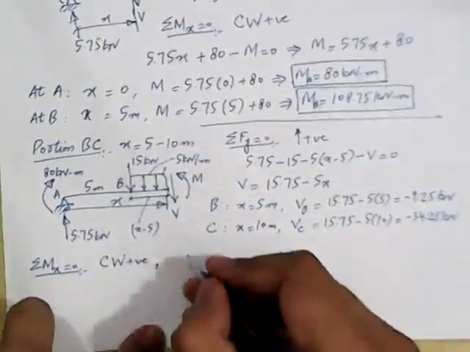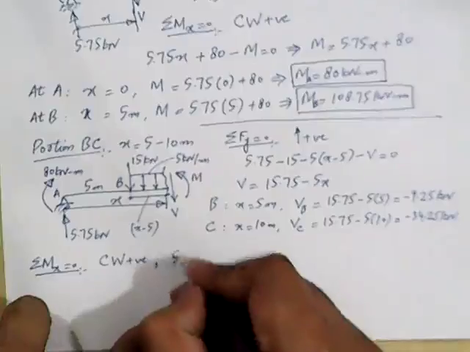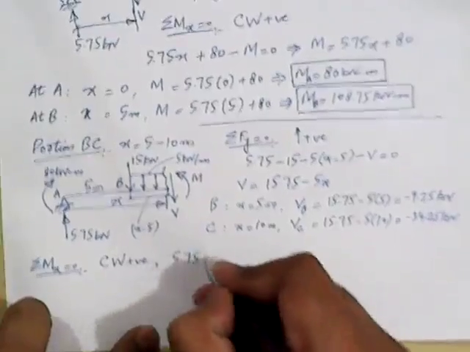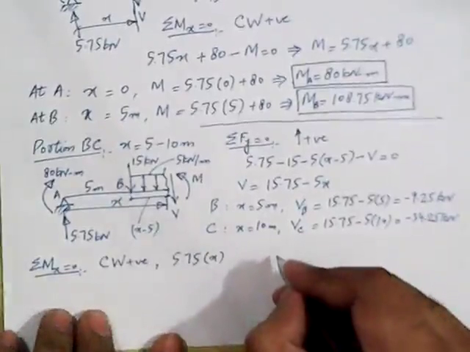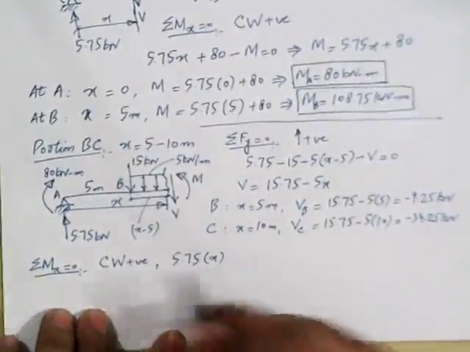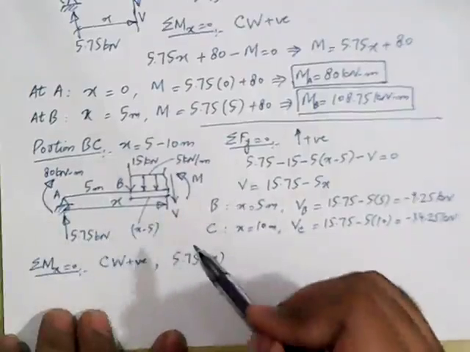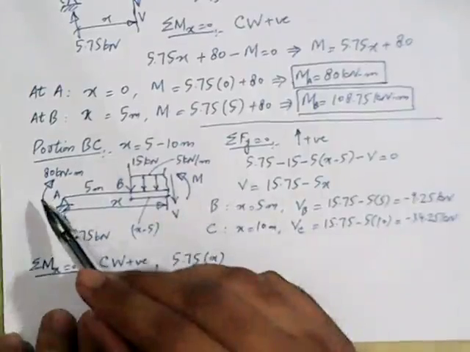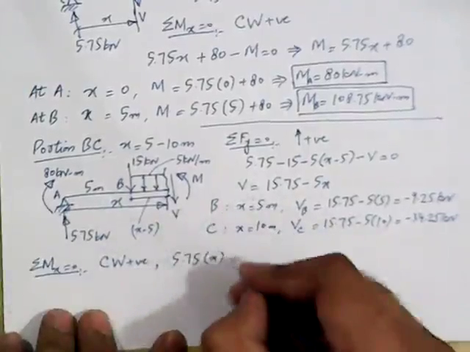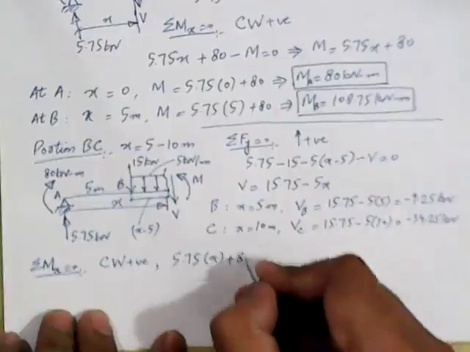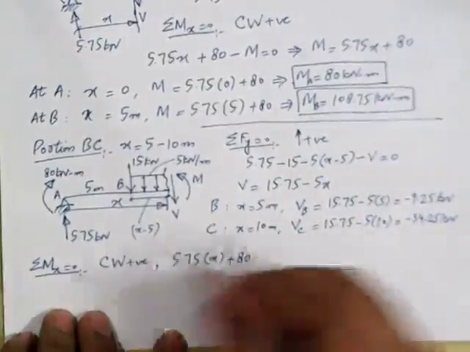So we take 5.75 into x, and as it is producing moment in clockwise direction, it will be taken as positive. And then this 80 kilonewton meter, it is also acting in clockwise direction, so we take it as positive, 80 kilonewton meter.